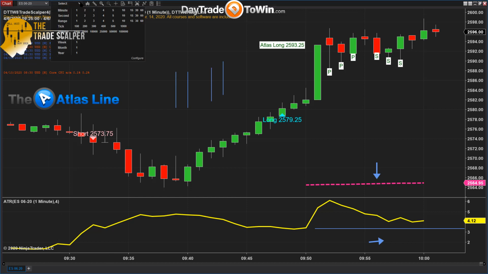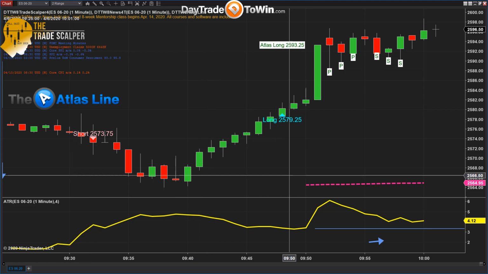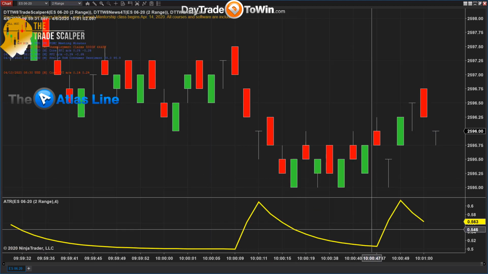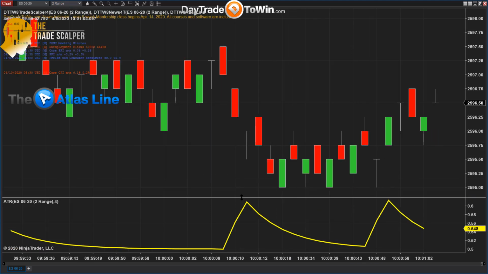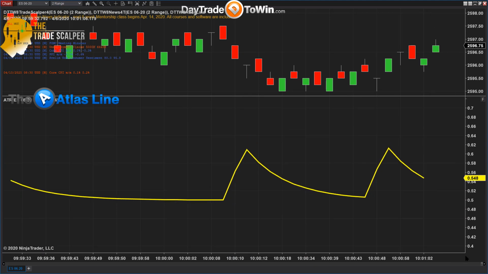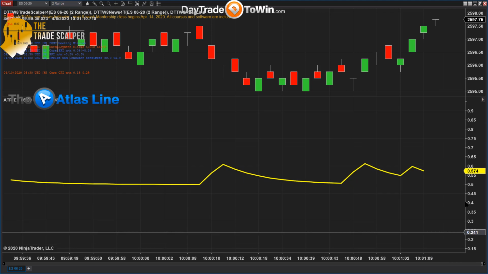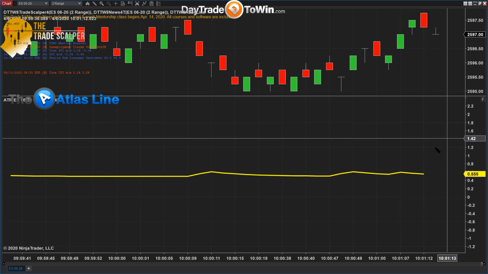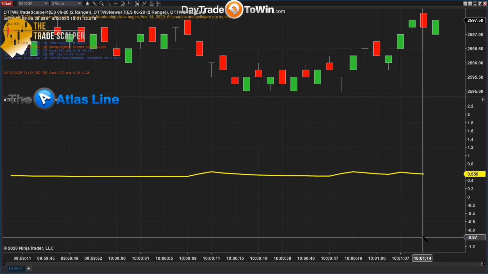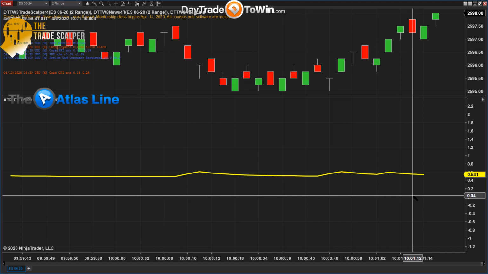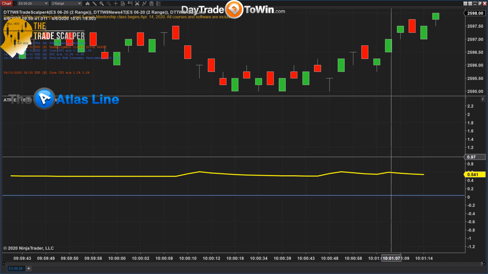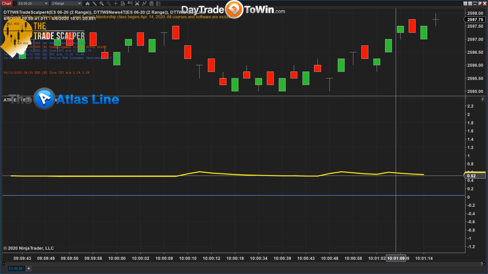If I added here a range chart, I like a 2 range for the trade scalper. So if I added here a 2 range chart for the trade scalper, which is very fast, you're going to see, let me just adjust this here, that remember 2 range is what I'm using, right? So if I use here 2 ticks, this is 0, and so 2 ticks would be right about there.